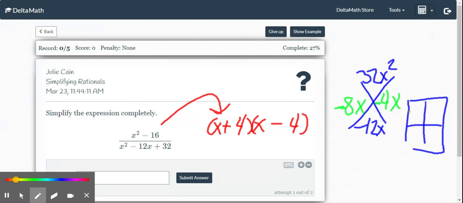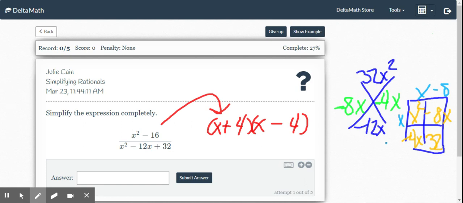This would give me my x squared and my 32, and then I have my negative 8x and my negative 4x. And so when I factor those completely, I have x, and I have my minus 8 and my minus 4, and there's my denominator, x minus 8 and x minus 4.